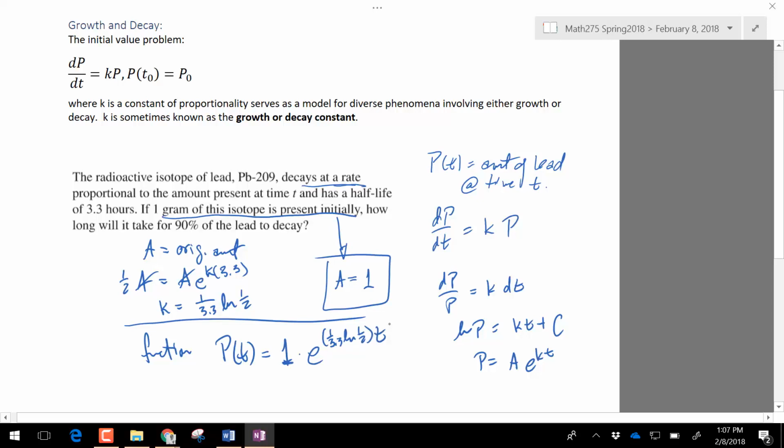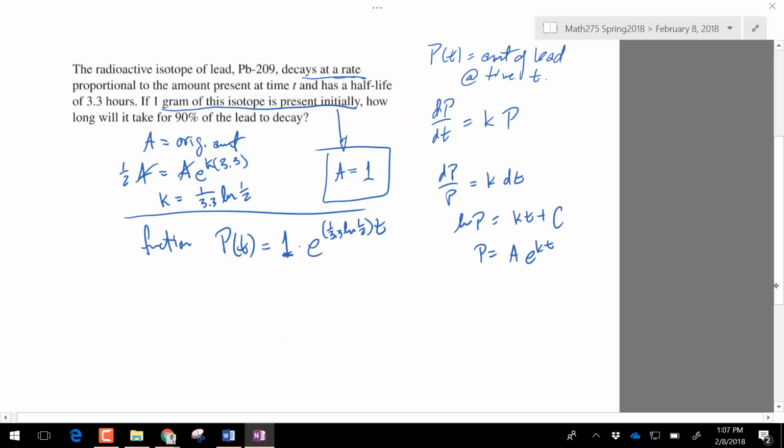And then to answer their question, how long will it take for 90% to decay? So 90% of 1 is equal to 1 times e to the (1 over 3.3 ln 1/2) t, and then we're solving for t.